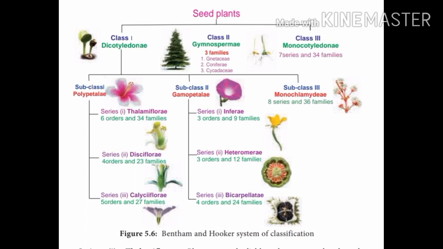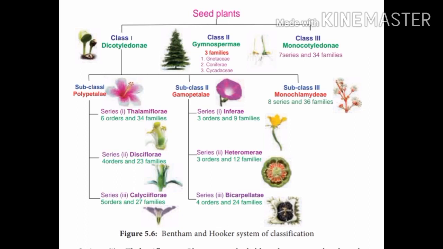And subclass Gamopetalae is divided into three series, that is Inferae, Heteromerae, Bicarpellatae, based upon the position of the ovary, inferior ovary and half inferior ovary. So this is how the classification was made, taking into consideration the calyx, the corolla, androecium and the gynoecium.